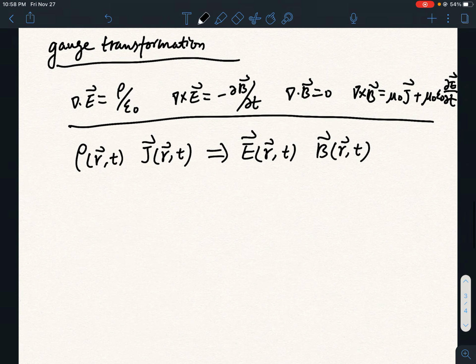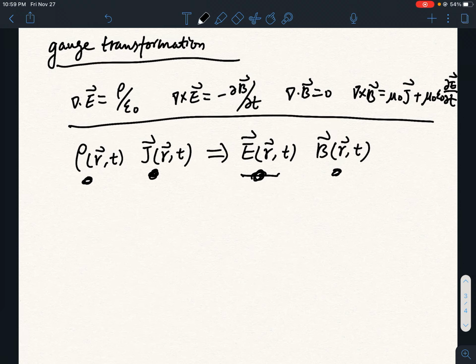That is almost all we have to do for electromagnetic problems. For the static case, we can just use Coulomb's law and Biot-Savart's law: give us rho, we can find E; give us J, we can find B.